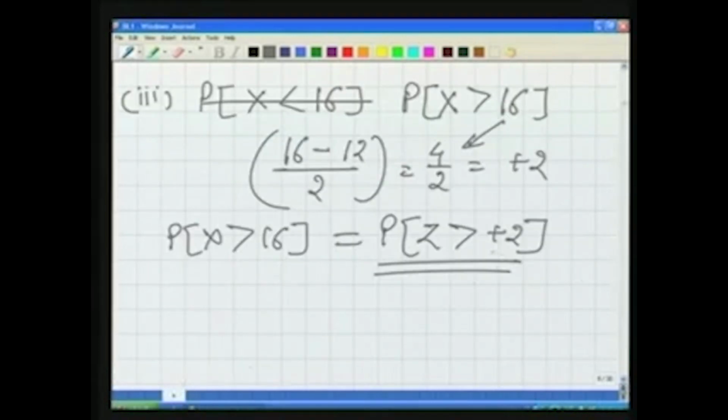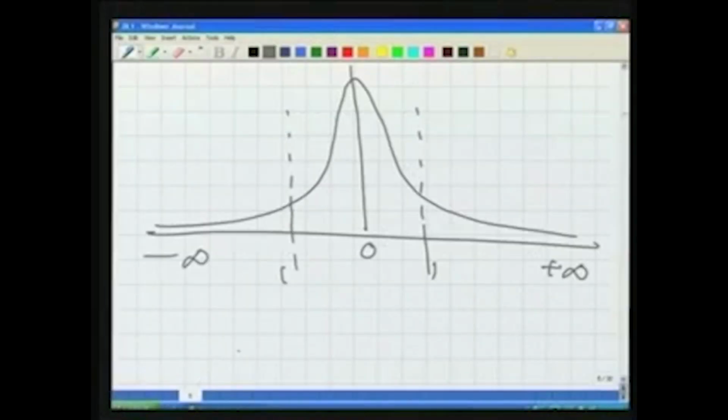We are interested in Z more than plus 2. So, plus 2 is somewhere here. Which area are we interested in? We are interested in finding this area. The tables give you the values starting from here, the way your variable increases.